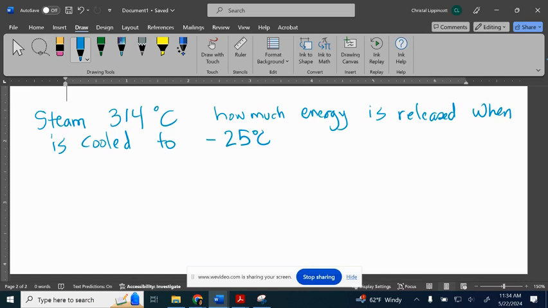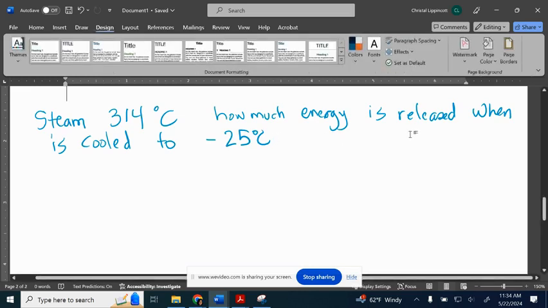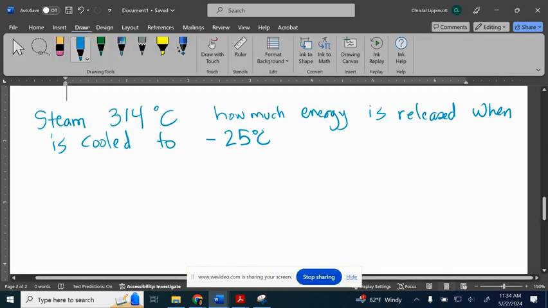So our plan, step 1, we have to take this guy right here. We have to cool him down to the point where he's going to condense into a liquid. So I'm going to go from 314 degrees Celsius down to what temp? 100.